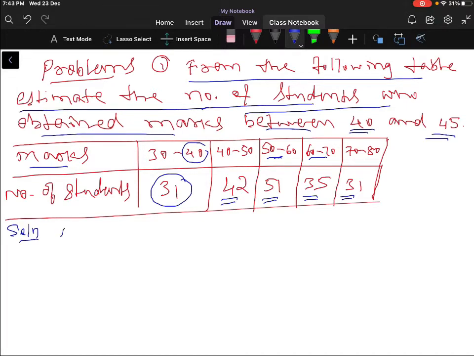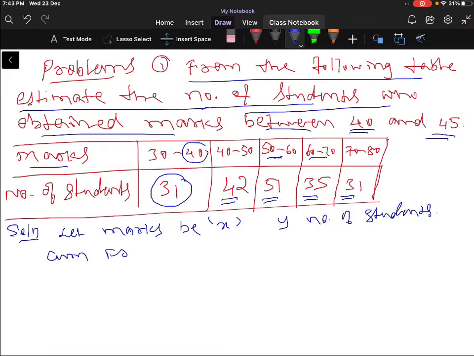Let's move to the solution. Let marks be x, and y be the number of students. So first we prepare the cumulative frequency less than x marks.